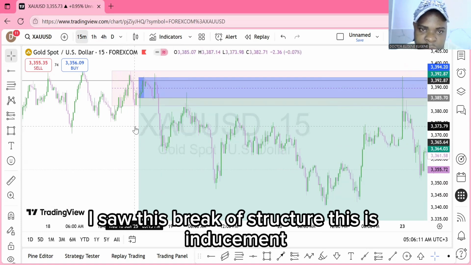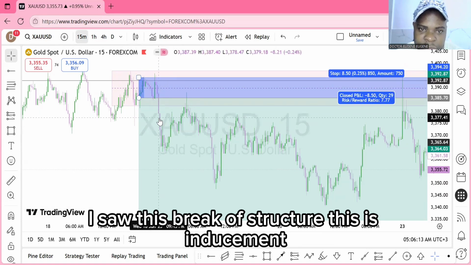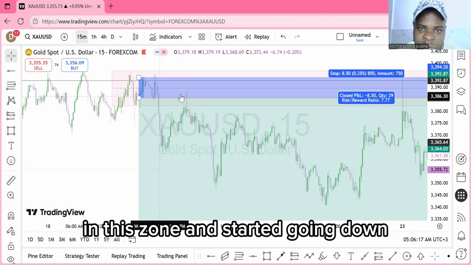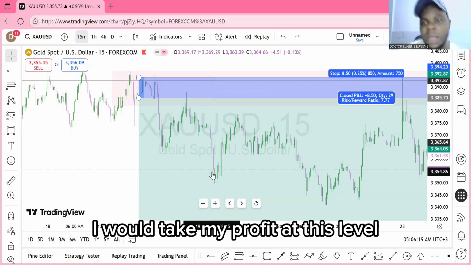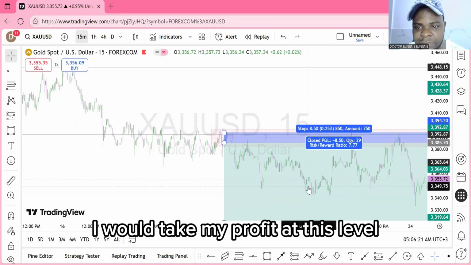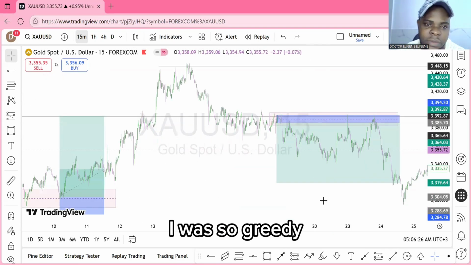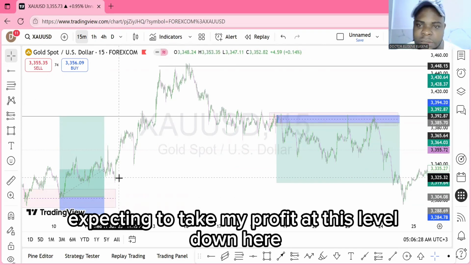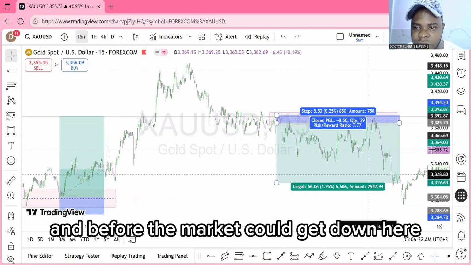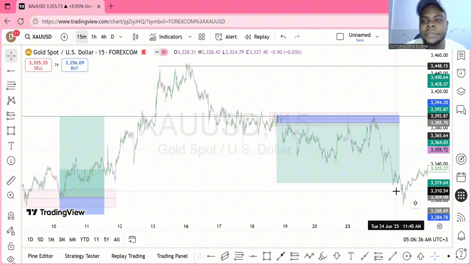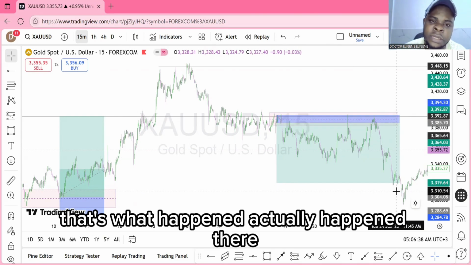This is inducement. This is the market that tapped me in here in this zone and started going down. I would take my profit at this level while the market started consolidating, but I was so greedy, expecting to take my profit at this level down here. And before the market could get down here, it already took me out. That's what actually happened there.